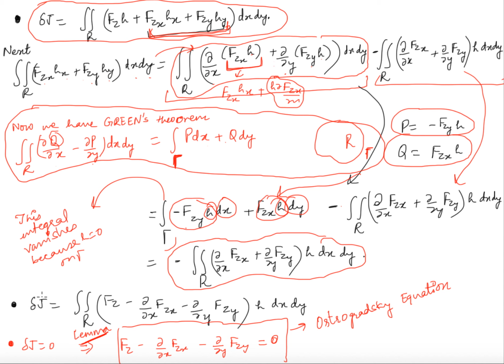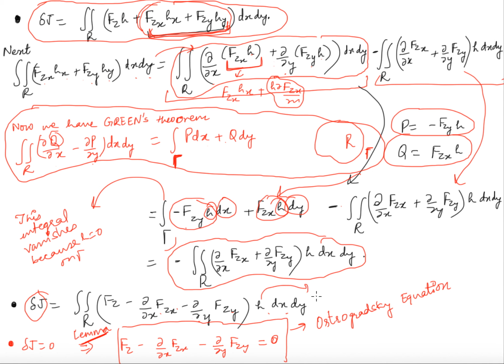We were considering only these two terms of delta J, so we have to finally include the first term as well. So your variation is equal to the double integral of f_z minus the partial derivative with respect to x of f_zx minus the partial derivative with respect to y of f_zy, times h, dx dy.